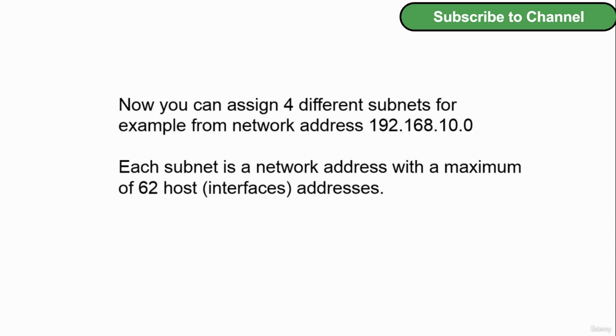So I'm going to start out with the 192.168.10.0 class C address. It's a classful address that I've started with as /24, and I'm going to use VLSM, or classless subnetting, to create 4 different subnets from that single network address. Each subnet is a network address with a maximum of 62 host interface addresses available.